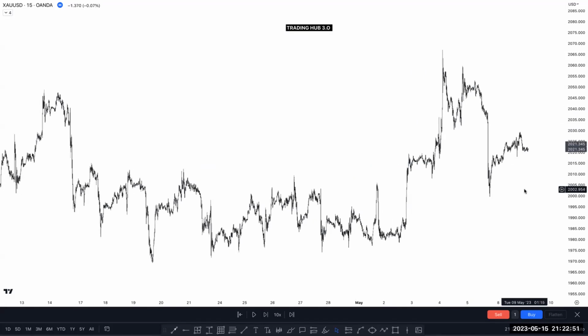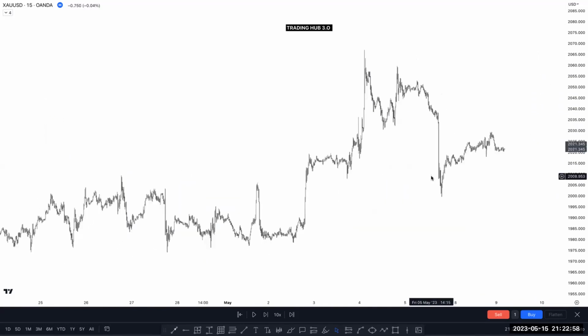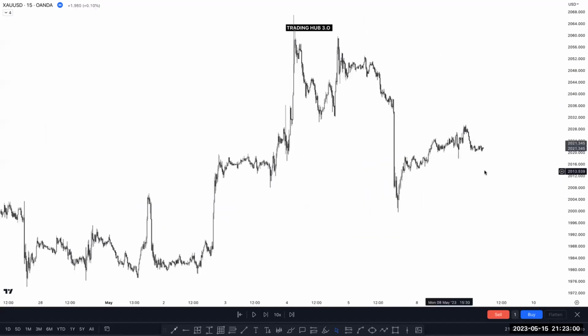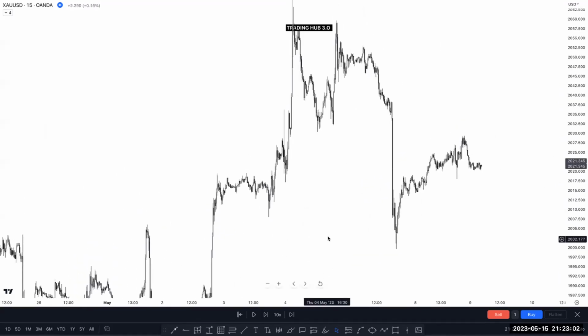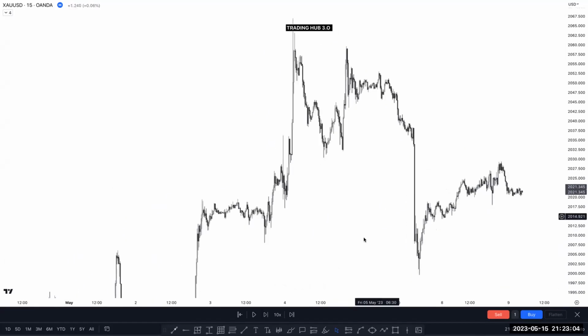What is your current external structure here? As per this one, this one is our higher high. First of all, you have to mark your higher high, based on this structure.